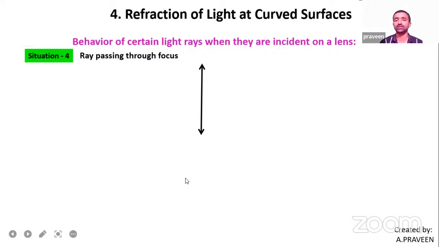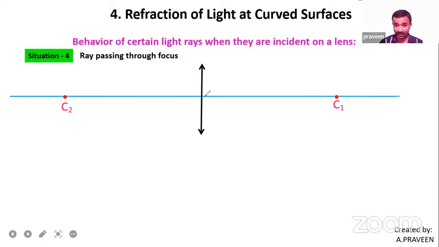Draw a lens with C2 and C1, then identify its pole by drawing a line joining the centers of curvature. The principal axis meets the lens at the pole, the optic center, identified as P. Then draw its focal points F1 and F2: F2 on the left side, F1 on the right side.